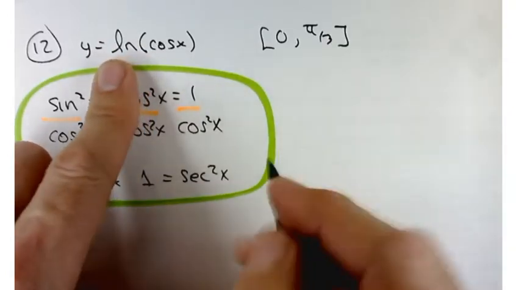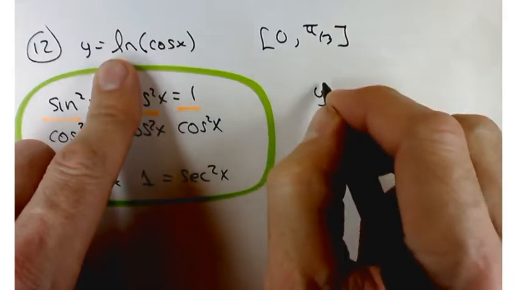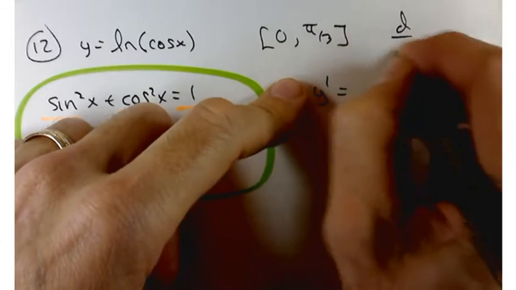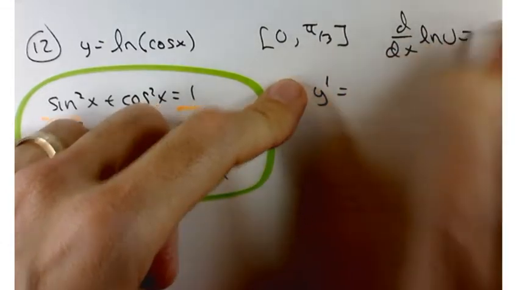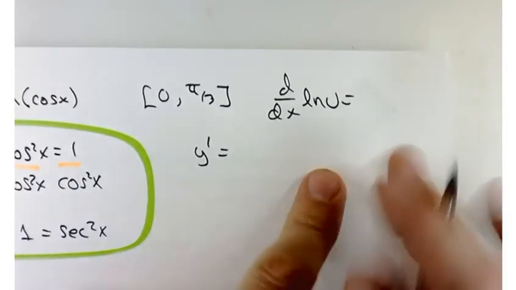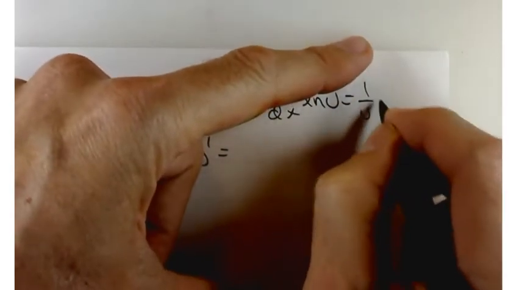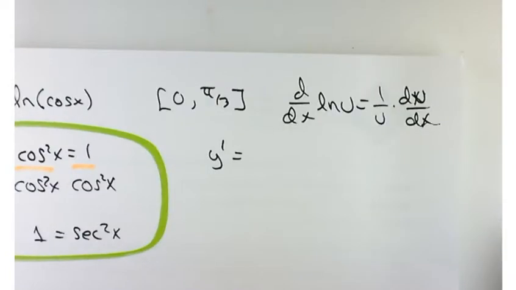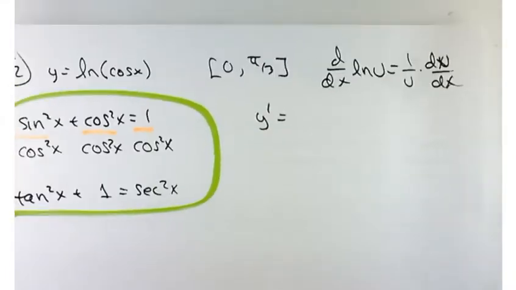It's going to start by finding y prime. Here's a good one for you. Logarithm. What's the derivative of the log function? As a reminder, d by dx of ln of u: when you differentiate the log function, you get 1 over u times the derivative of u. What's that going to look like here?